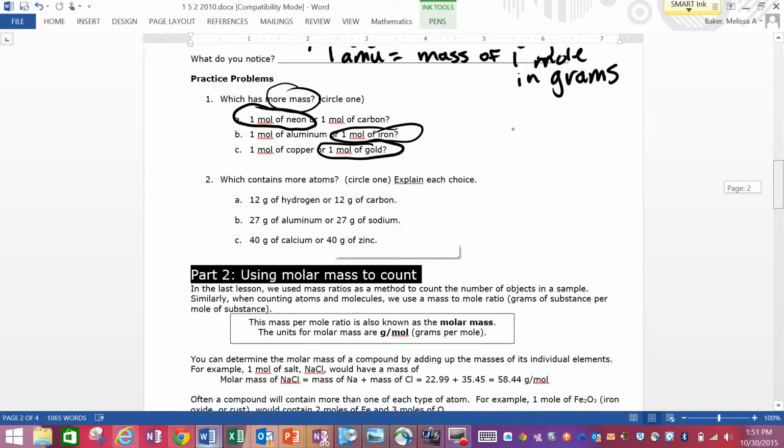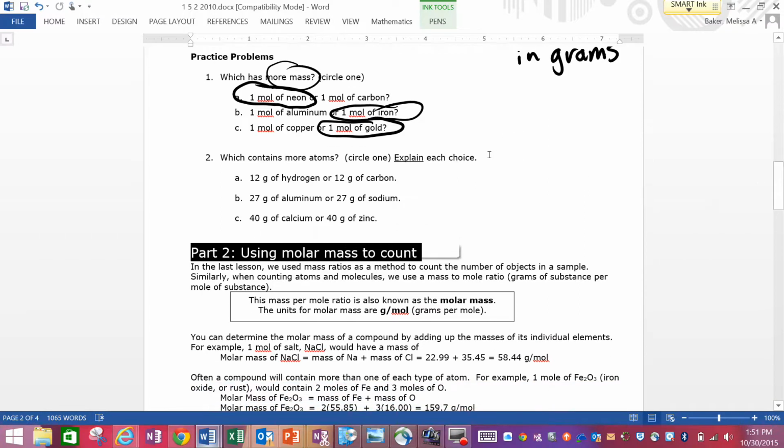Number 2 is a little trickier to think about. It's saying which sample has more atoms if you have equal masses. So 12 grams of hydrogen atoms or 12 grams of carbon atoms? Well, hydrogen atoms are much smaller. So this sample would contain more atoms because it would take more of those smaller atoms to get up to 12 grams.